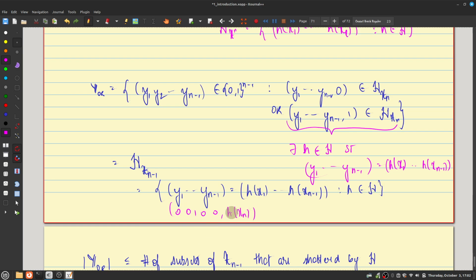Now this could be 0, this could be 1, doesn't matter. This vector can be generated by some particular h, which means that this vector lies in hxn. Do you agree? But what does this statement say?